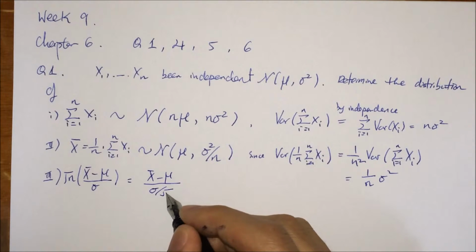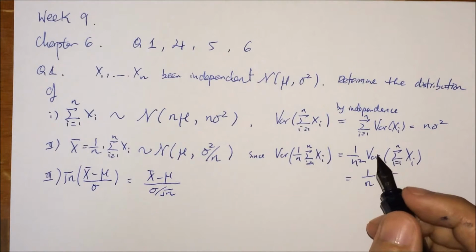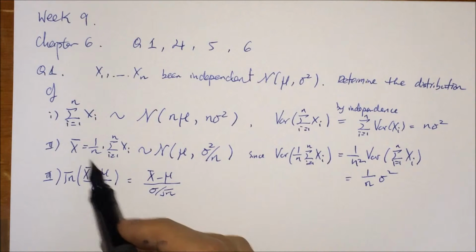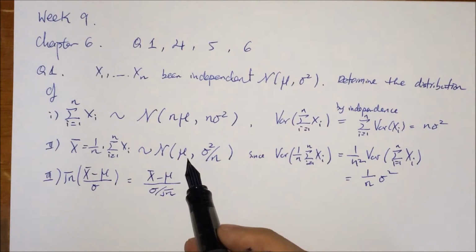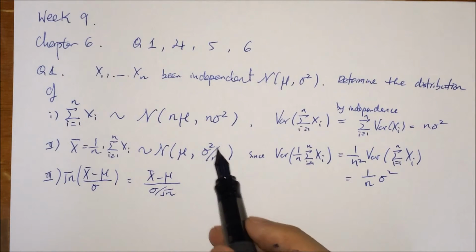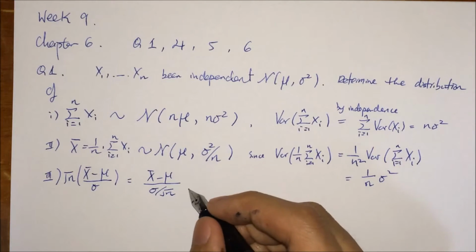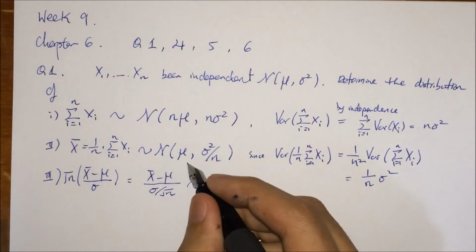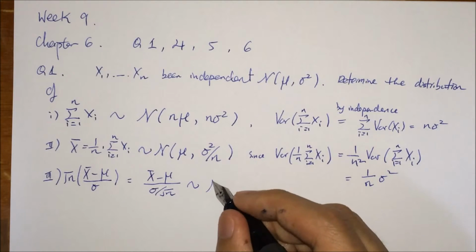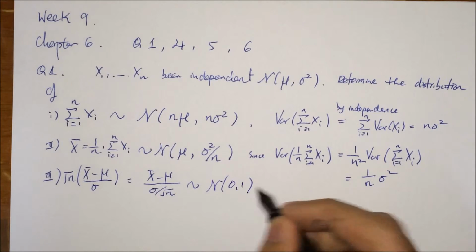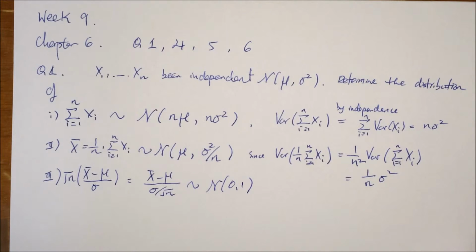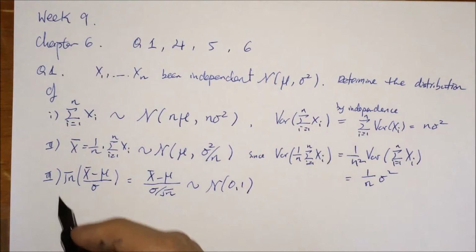From the previous question, we see that x bar is normal with mean mu and variance sigma squared on n. Then this is a standard deviation, so this is simply standardizing the average. So this is normal 0, 1. Okay, so that's quite easy to see.